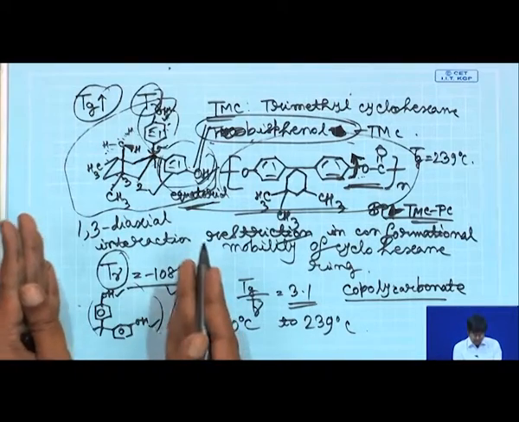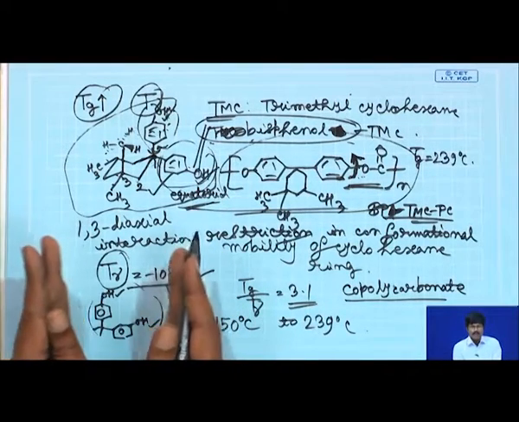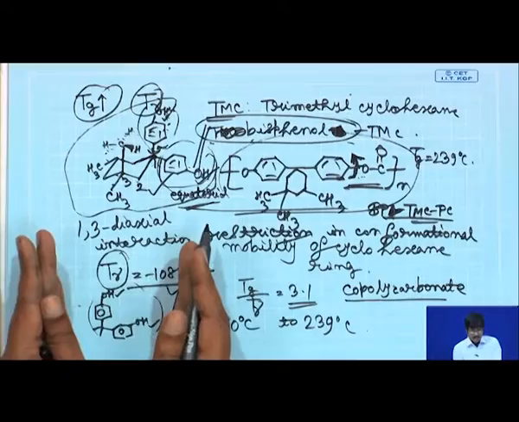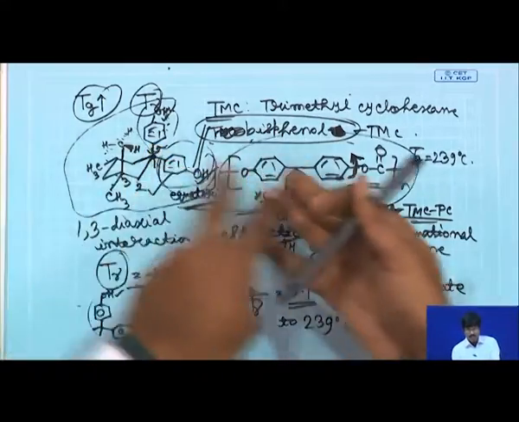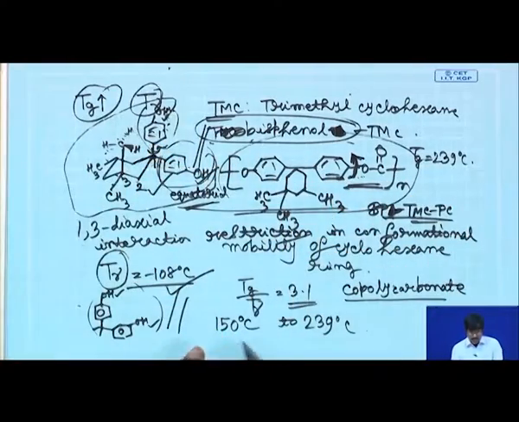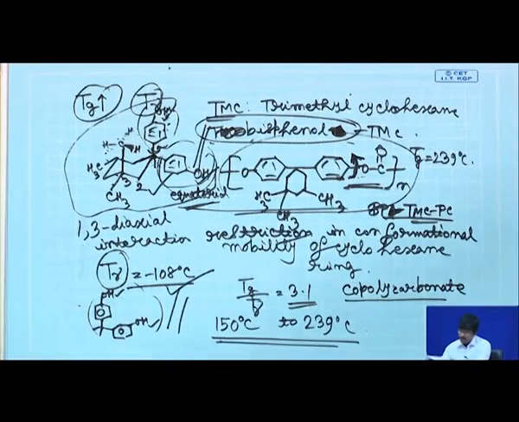Homopolycarbonate based on bisphenol A itself will have a glass transition temperature of 150 degrees Celsius. So, if you make a copolycarbonate with different relative ratios, your Tg can be varied somewhere between these two depending on what you want.